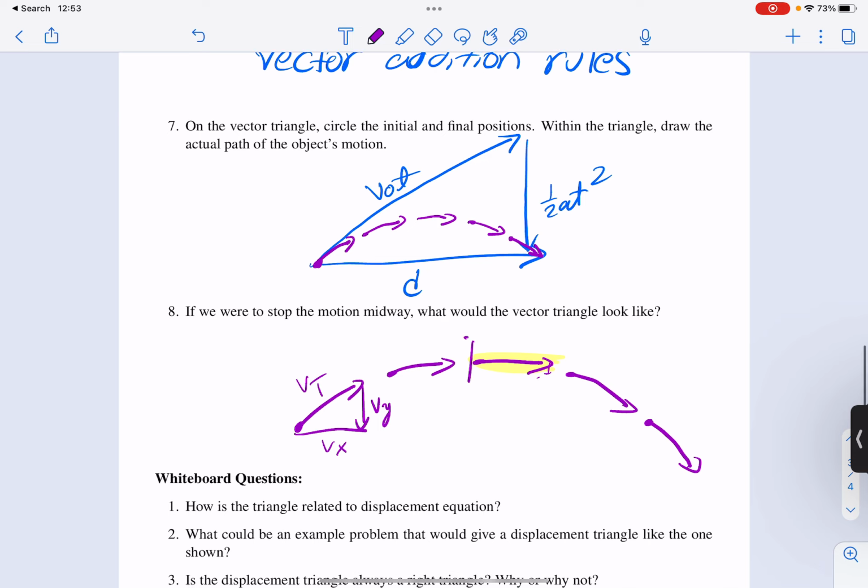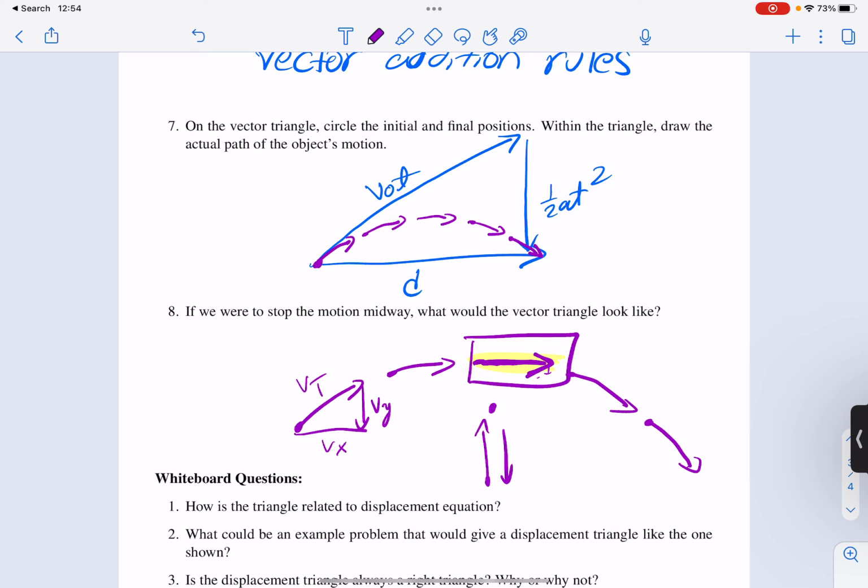Now the vector triangle for this one at the top, remember when we get to the top of a ball being thrown up and straight down, what happens at the top? It stops moving. But can we say that this ball stopped fully moving? Throw a ball across the room and think about it when it's at the top. Or grab anything in your room and just toss it. When it's at the top, you'll notice that it's still moving horizontally.